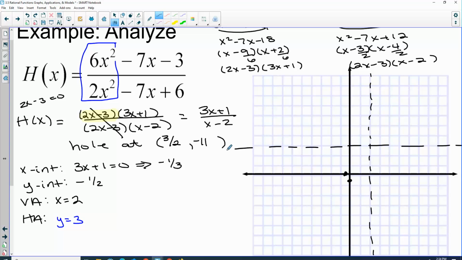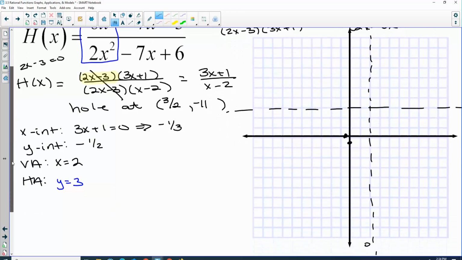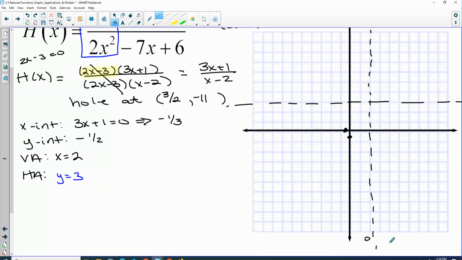So we should have 2 pieces, one for each side of this vertical. The left I can kind of tell already, because I have these points. And then I have to come down and hit this hole. And get that section of my graph. Over here, we're going to have to plug something in to know if it's above or below.